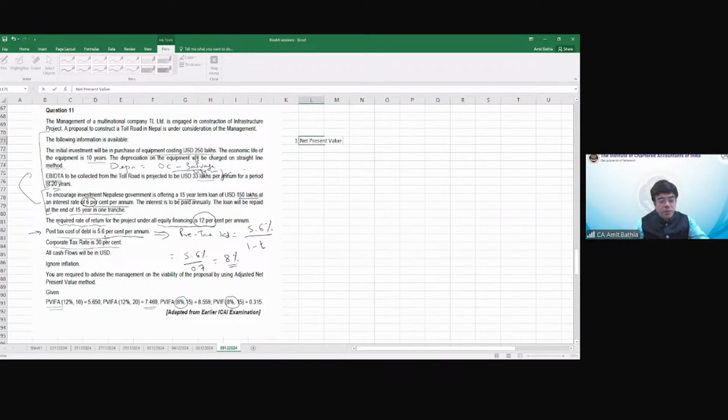Okay, so NPV based on all equity financed. So this we are going to compute based on all equity finance first of all. Why? Because my required rate is 12% per annum. Okay, so let's start that.